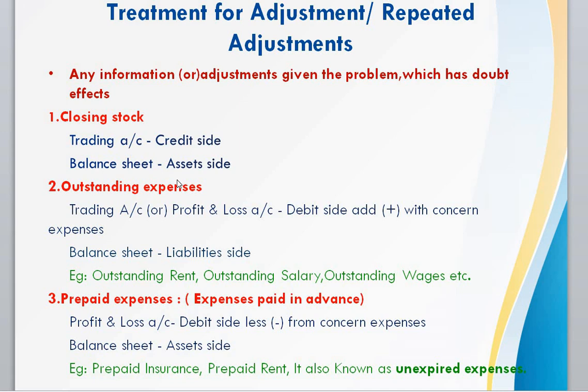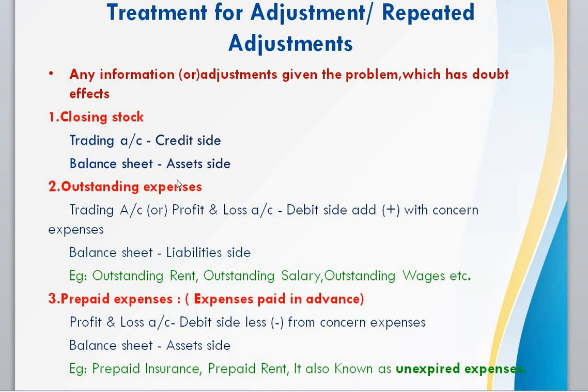Whereas in outstanding expenses, such expenses are yet to be paid. When you pay those expenses, automatically the expenses will increase. So if there is an outstanding expense, it will be added. If there is a prepaid expense, it will be deducted in the profit and loss account.